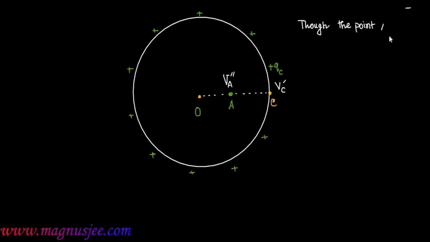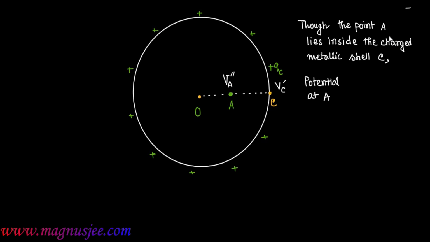Though the point A lies inside the charged metallic shell C, potential at a point inside the shell will be equal to the potential at every point on the surface. So potential at A will be equal to potential at C. Therefore, potential at A, VA double prime, is equal to VC prime.